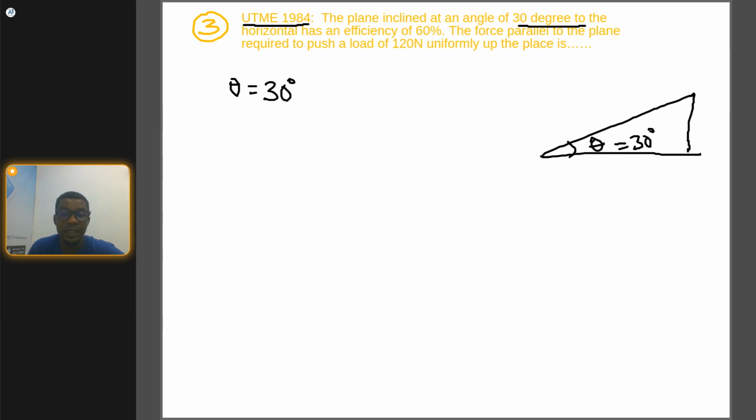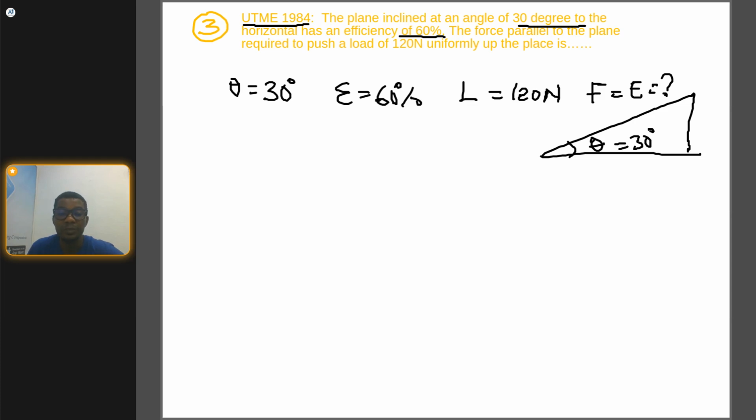And again, we are given the efficiency of the machine to be 60%. The force parallel to the plane required to push the load, capital L, is 120 Newton, and we are asked to get the force, which is also the effort.